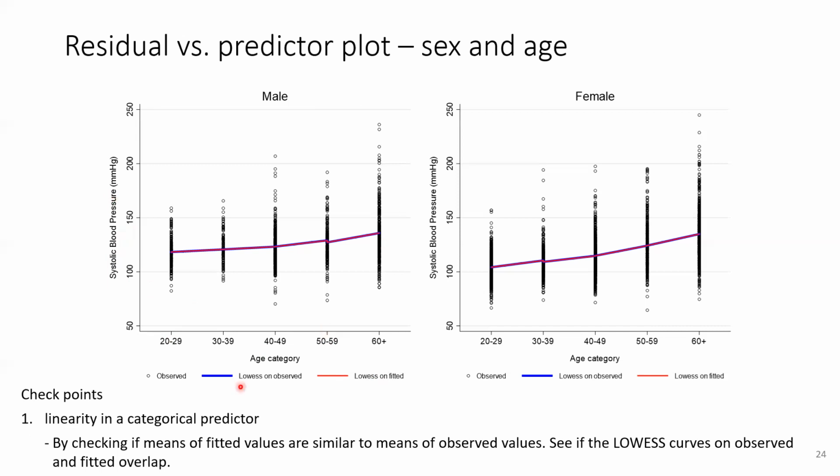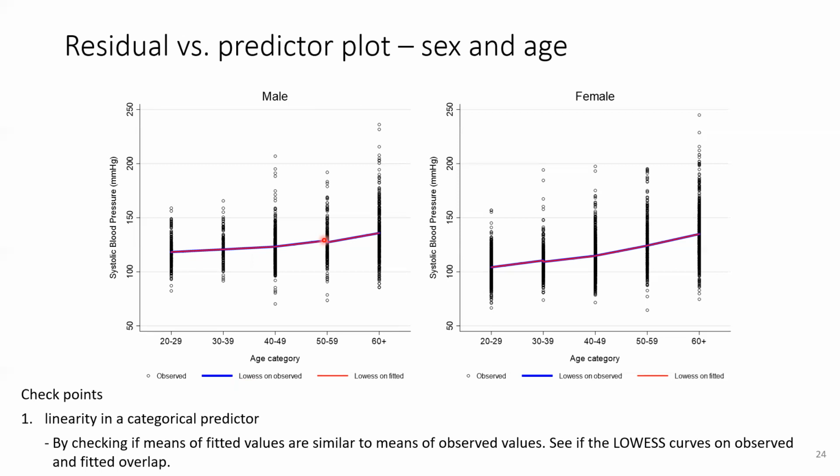And the blue line, I calculated the fitted value, and I fitted the lowest curve on fitted values. As you can see, the red line is based on observed value, and the blue line is based on fitted values. And then we expect that they overlap well if the model fits well to our data.